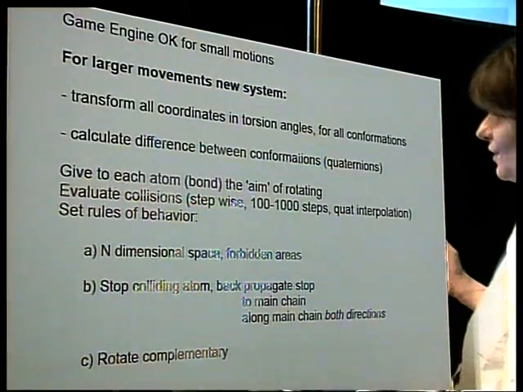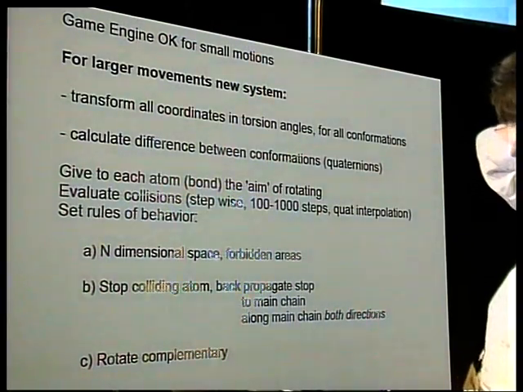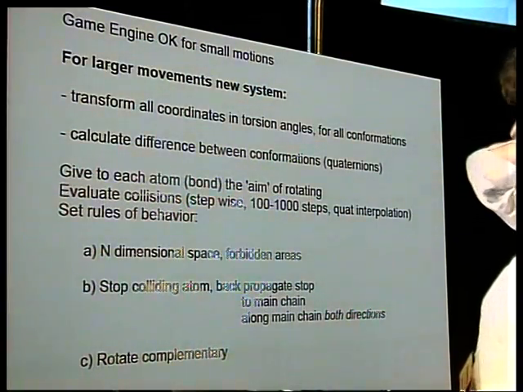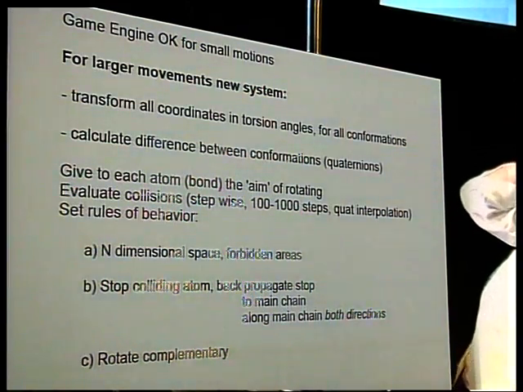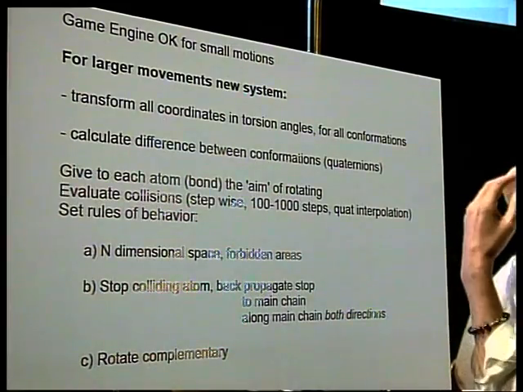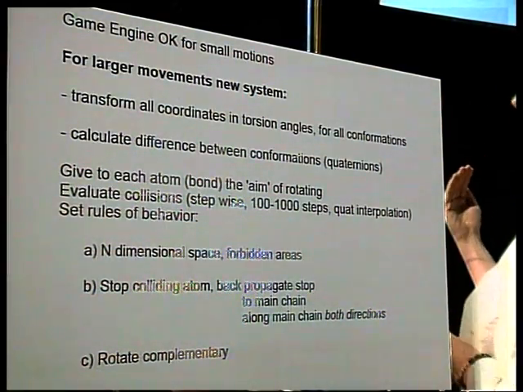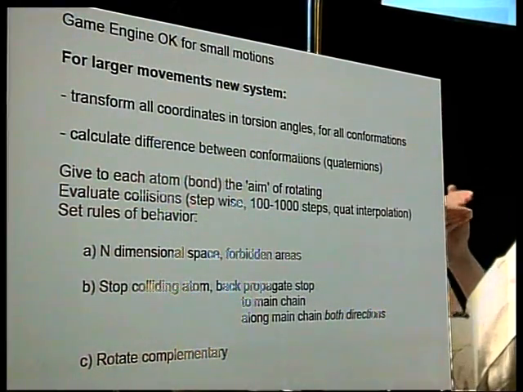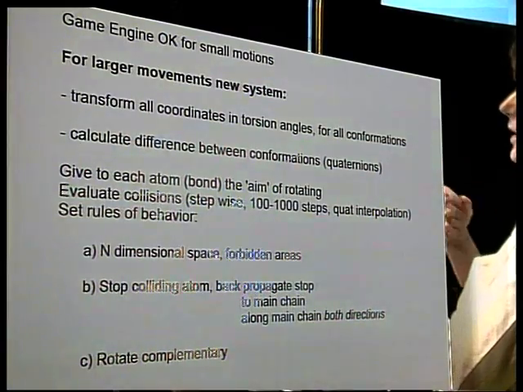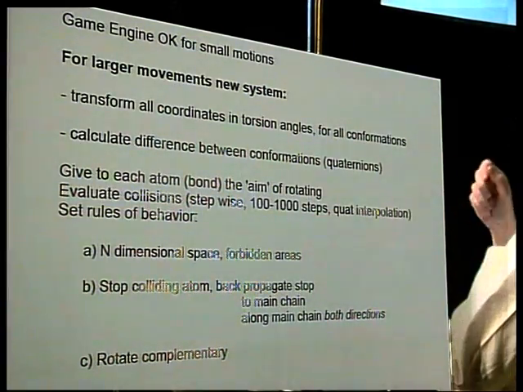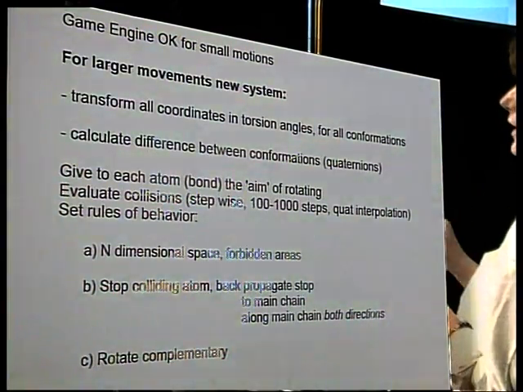So we are thinking of how to solve this problem, and one possibility is to set up a learning system that tries to get directly from one conformation to the other, and every time it finds an obstacle, learns that there is an obstacle there and can start again, setting an intermediate aim before getting to the final aim.